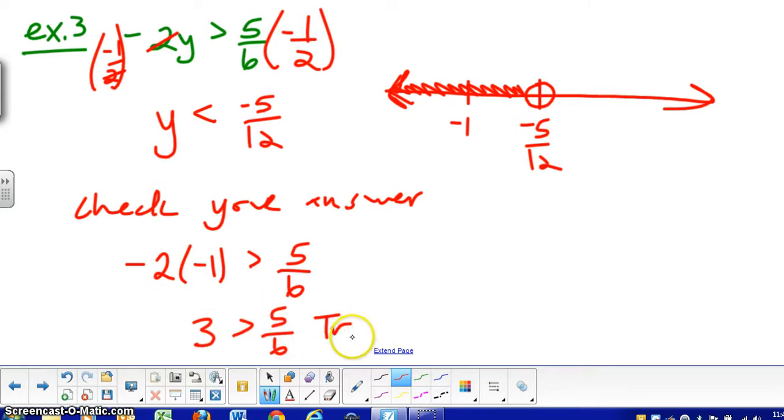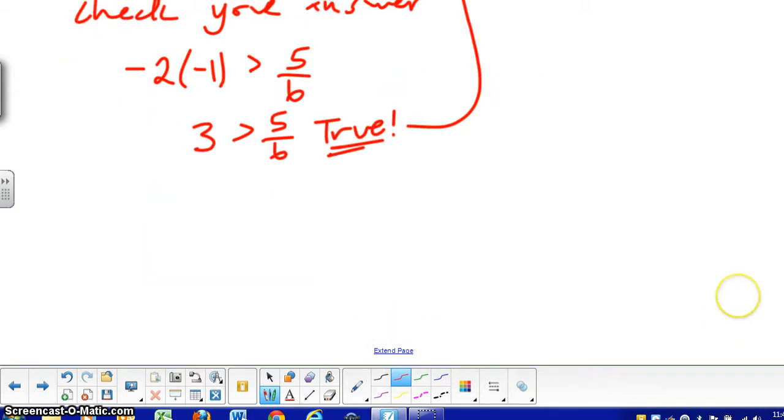That is greater than 5/6. So since it's true, look up here where we shaded. We did shade on that side, so we know that we have a correct answer. So keep that in mind when you start doing tests and quizzes. All right, let's go on to the next one.